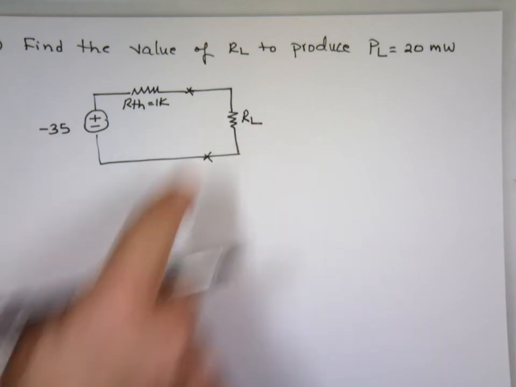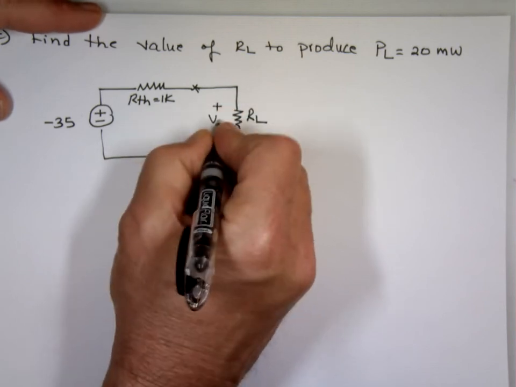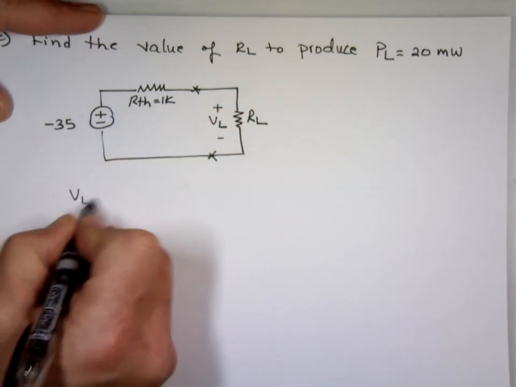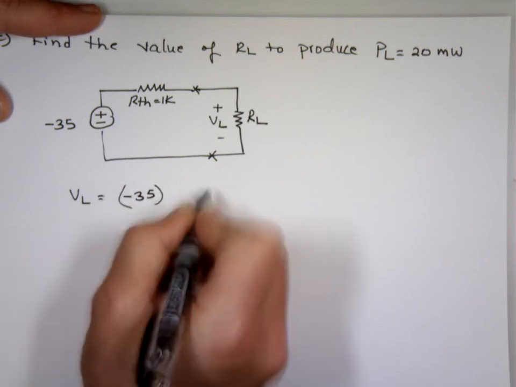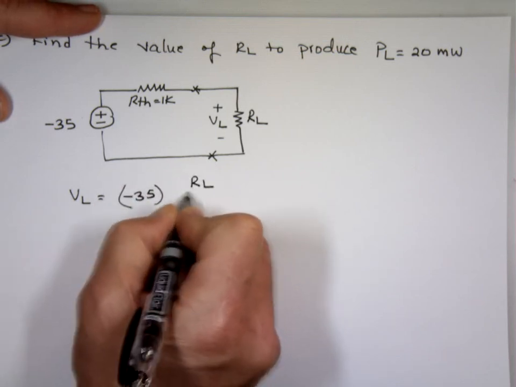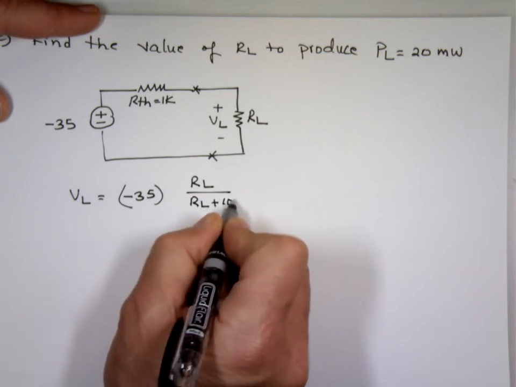So here, VL is going to be what? It's going to be negative 35 times R sub L over the sum of them, which is R sub L plus 1,000, or 1K.